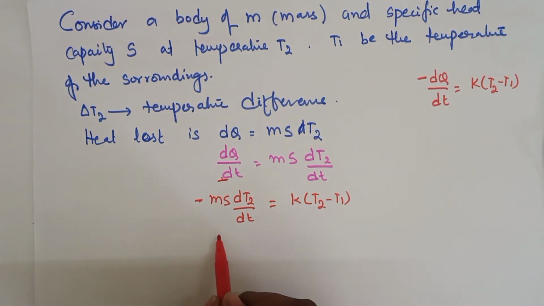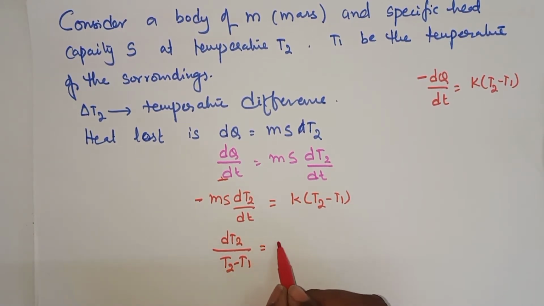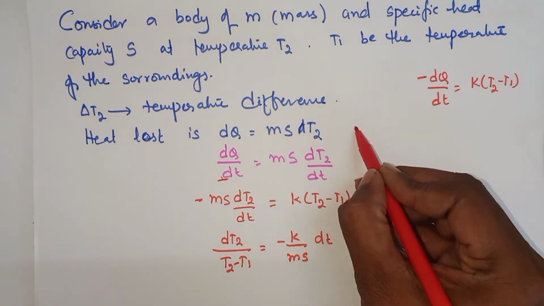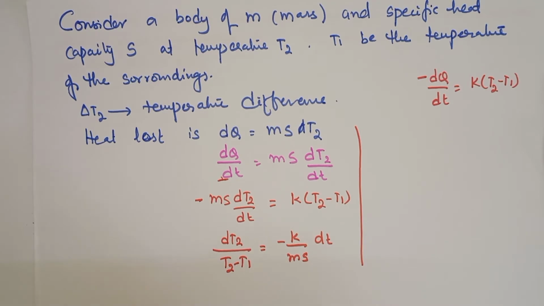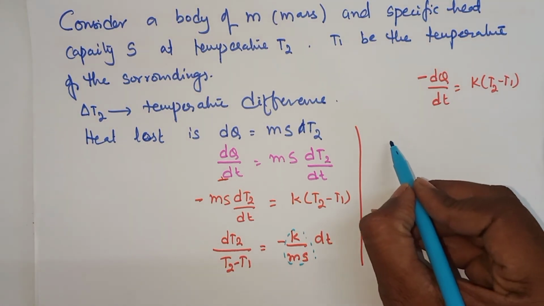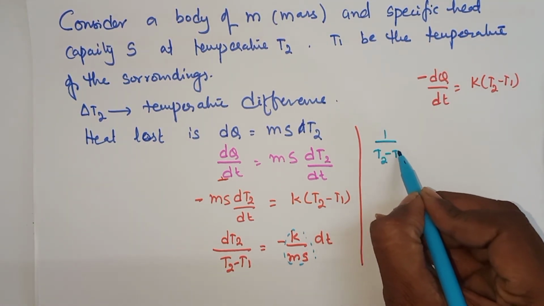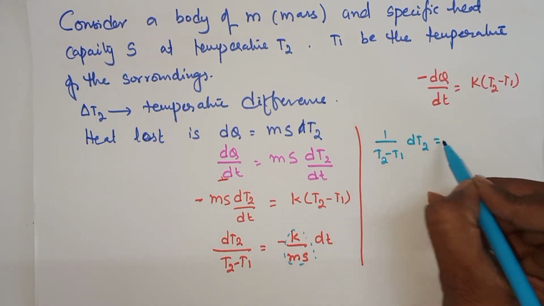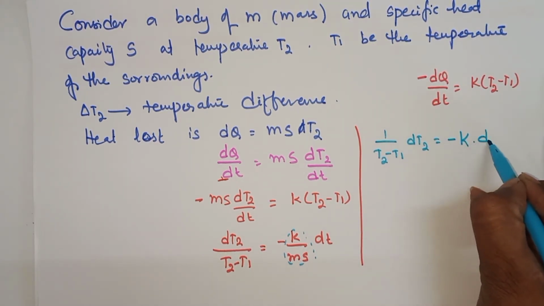Now I'll make this dT2 by T2 minus T1 is equal to minus k by ms into dt. Again this is some constant, you can assume like capital K. Now 1 by T2 minus T1 dT2 is equal to minus capital K into dt, right?